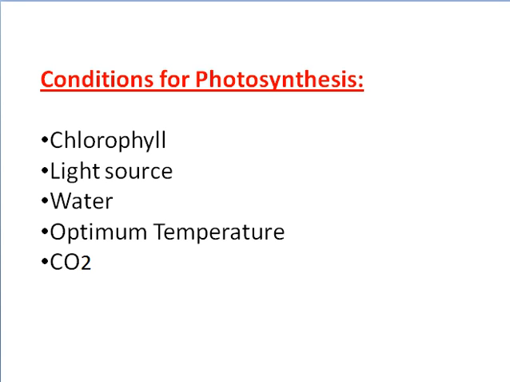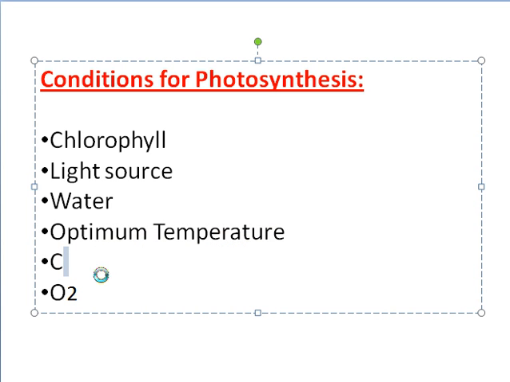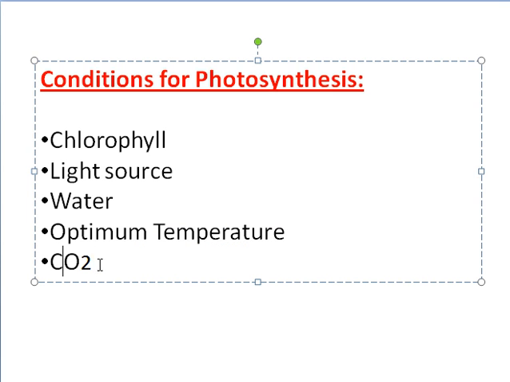Now the final and one of the most important conditions for photosynthesis is carbon dioxide. Right. So carbon dioxide is one of the main reactants. It is the source of carbon in glucose, although not the source of oxygen, which is liberated during photosynthesis.